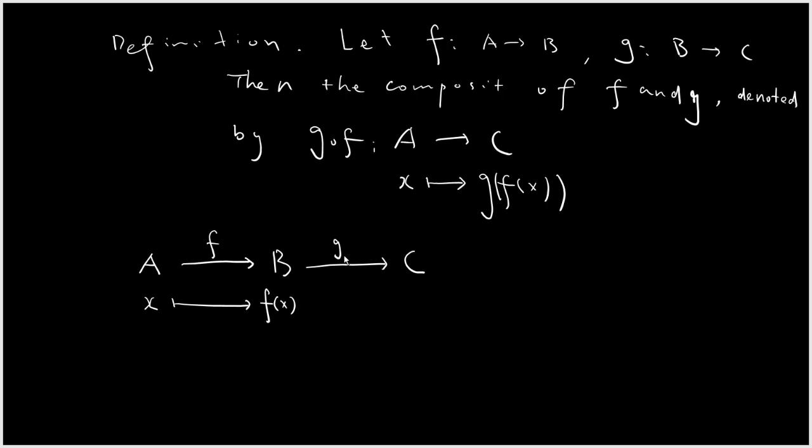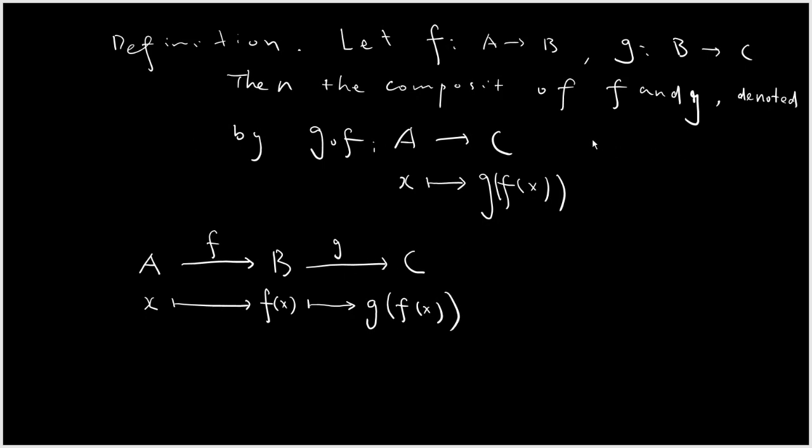Under G, the output is going to be in C. So f of x is now a member in B, and you get the output. By that we mean f of x is mapped to a member in C under G. Okay, so the output is G of f of x. So that's how it works.